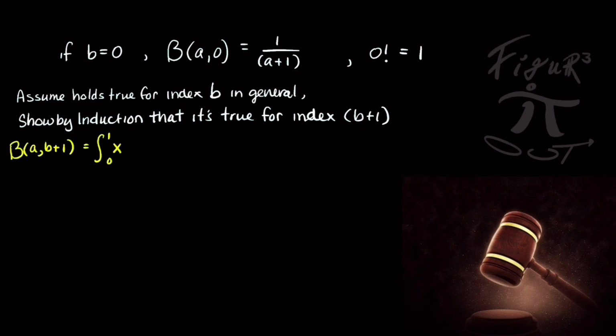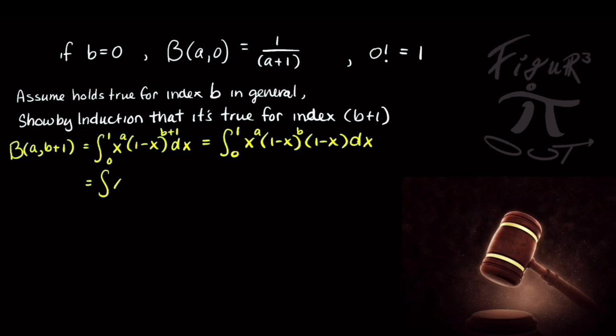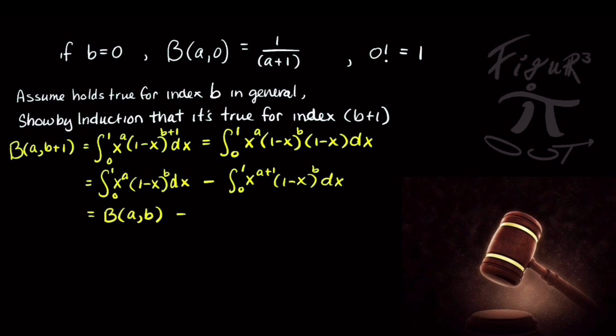So by plugging in b plus 1 into our beta function, holding a as a, we can use the rules of exponents to split the integrand a little bit here, and then split the integral due to the linearity of integrals, and show that these two integrals are actually forms of the beta function.